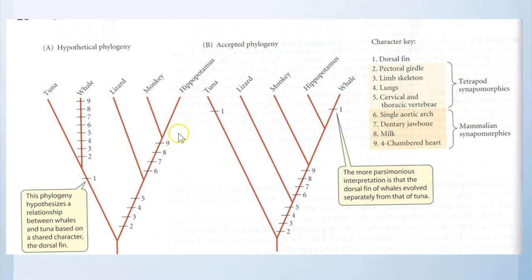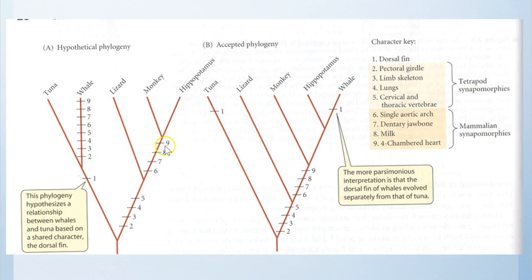Well, lizards don't have 6 through 9, but they have 2 through 5. So this hypothesizes a relationship where whale and tuna are more closely related than whale are to lizards, monkeys, and hippopotamuses, right?